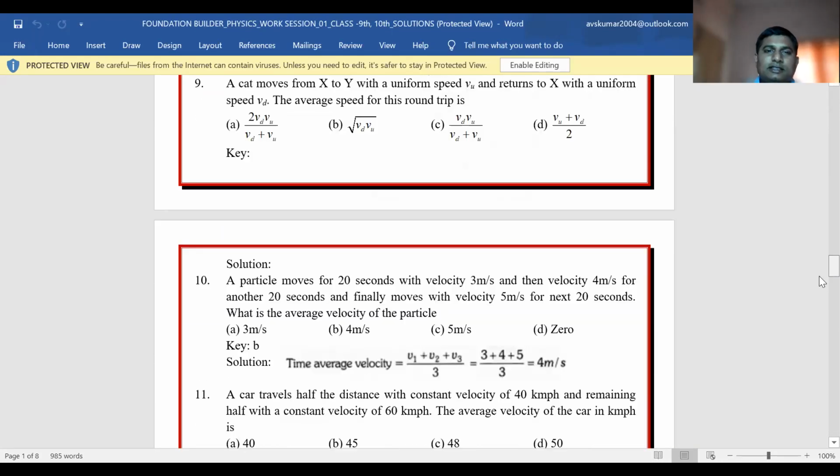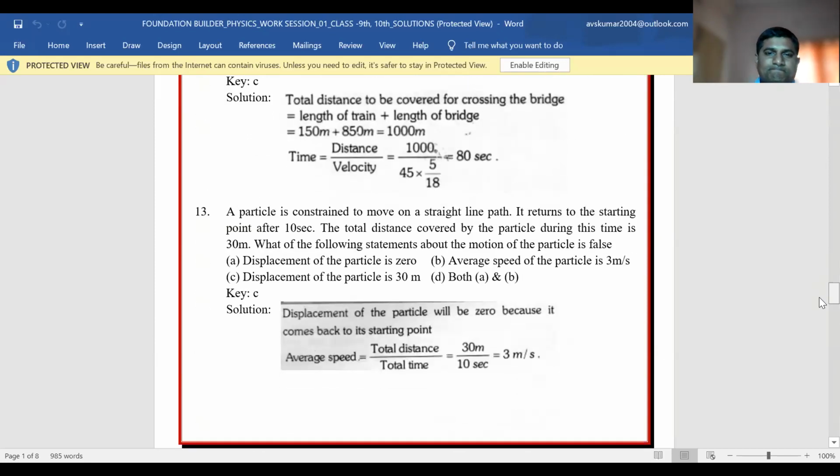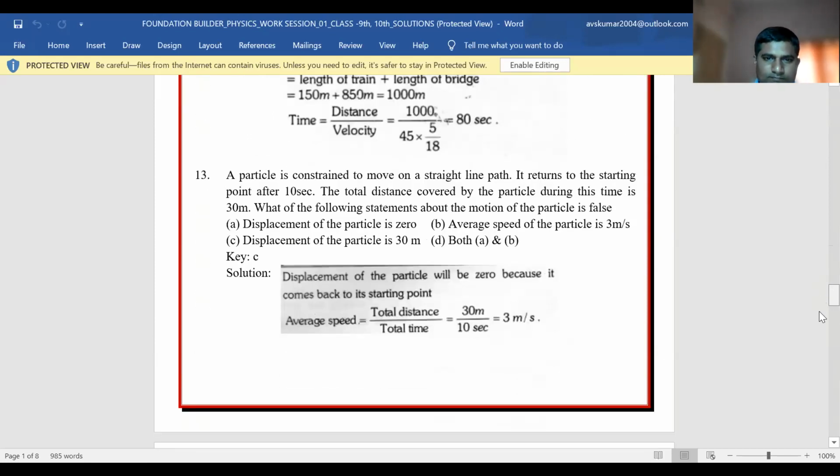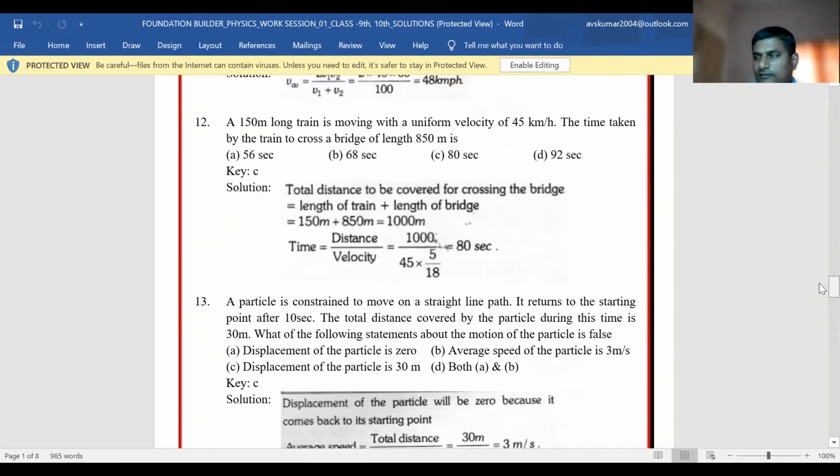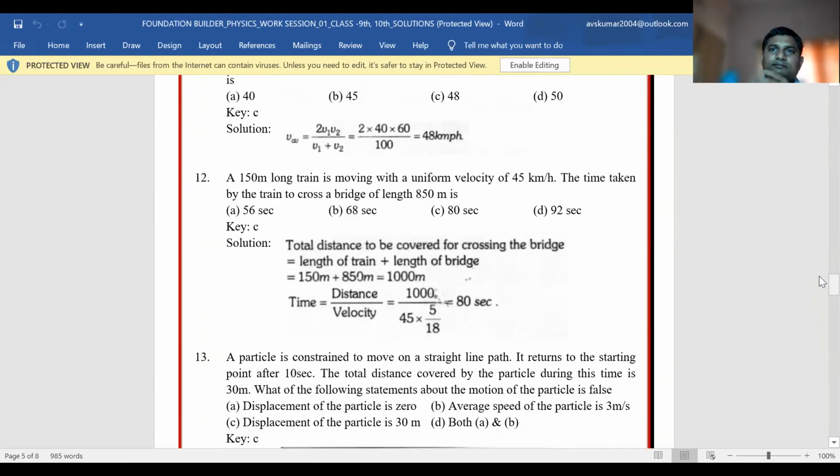The solution is already sent actually. So you can ask the coordinator, Monica madam.